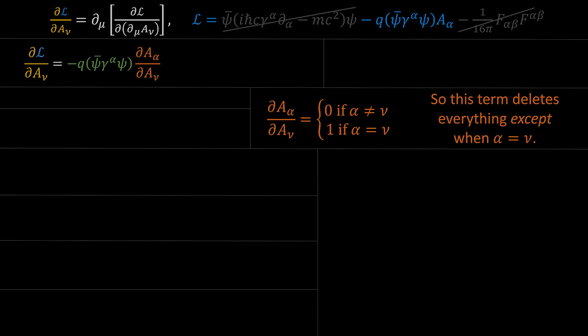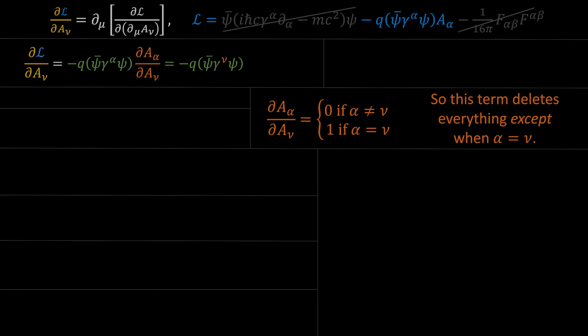So if you examine this expression with the gamma alpha in the psi sandwich and the partial derivative, that's going to reduce to a gamma nu in a psi sandwich, because that's the only term that remains that doesn't get deleted by the partial derivative becoming 0. Bear in mind, by the way, in this equation with the alphas, it's a sum over alphas because that alpha is repeated in the term involving the gamma and the partial derivative.